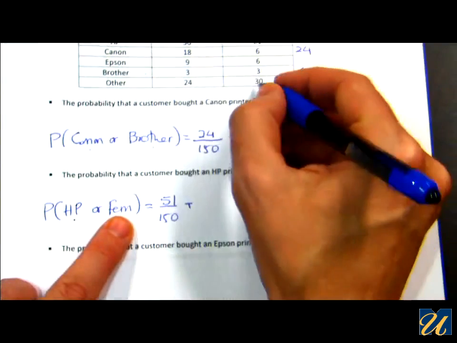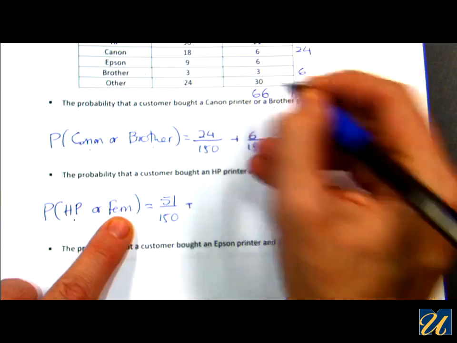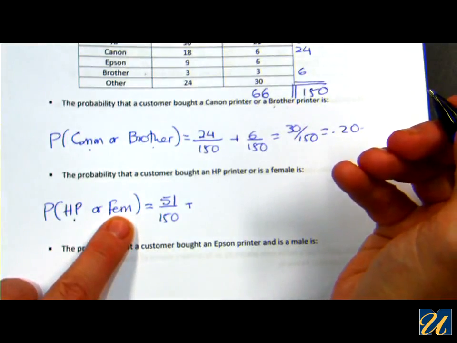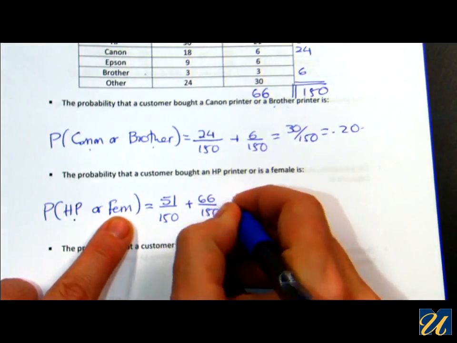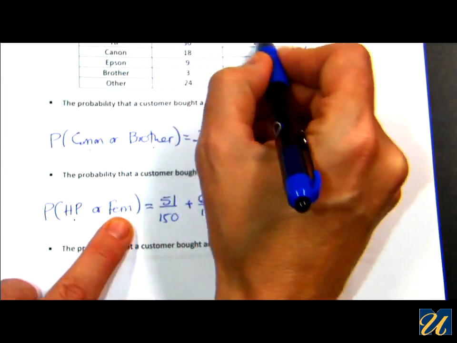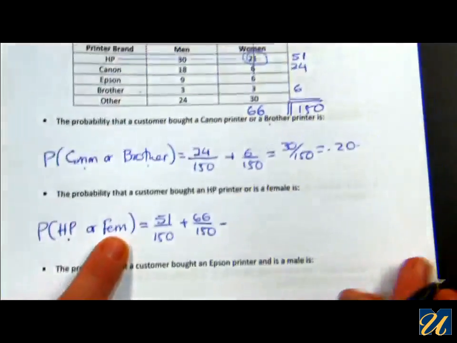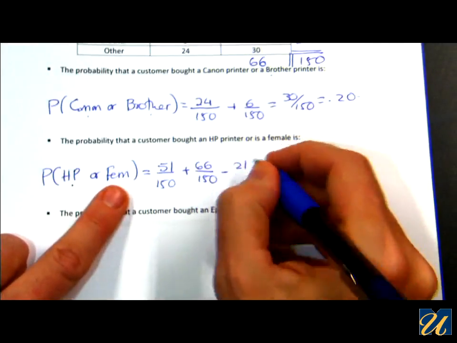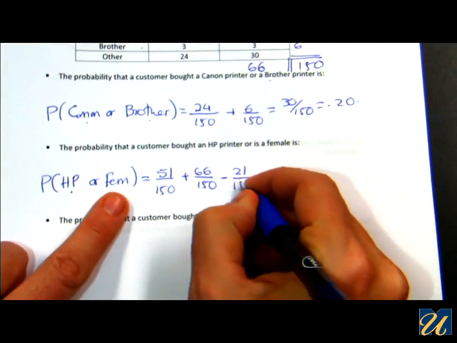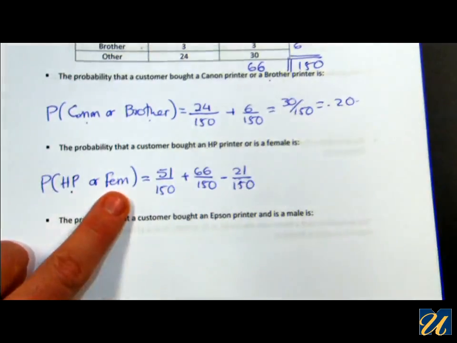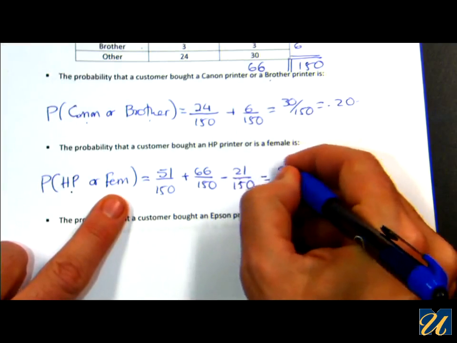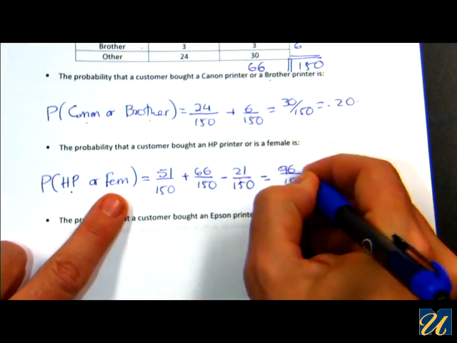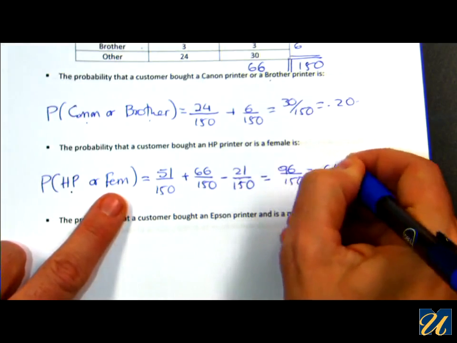Female total is 66. 66 over 150 minus HP woman, where is the point of intersection? 21. Minus the point of intersection. I want one or the other. I do not want both. Therefore, I have to take out that probability. So this is going to be 96 over 150, 0.64.